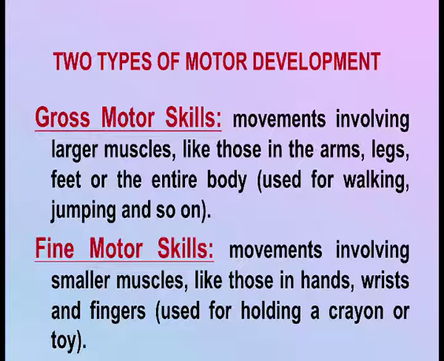The other is fine motor skills, which involve smaller muscles like those in hands, wrists and fingers, used for holding a crayon or toy, or painting, scribbling or drawing. So both the motor skills lead to the complete motor development of the child.